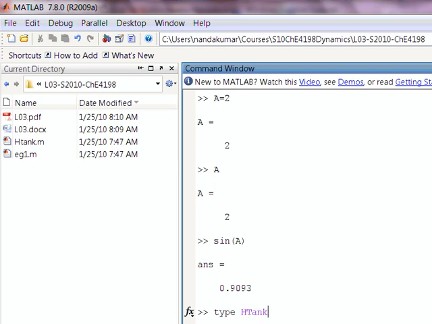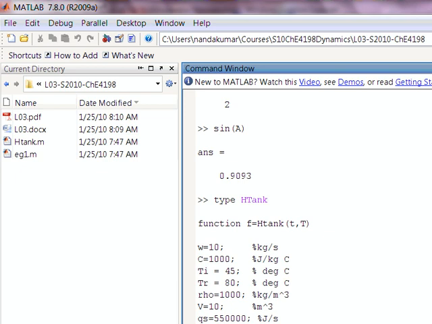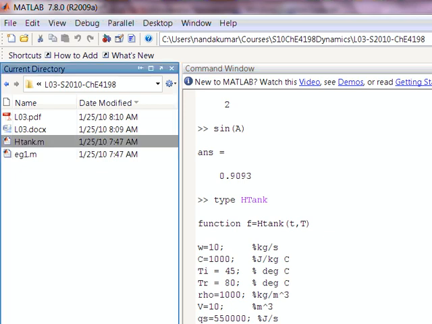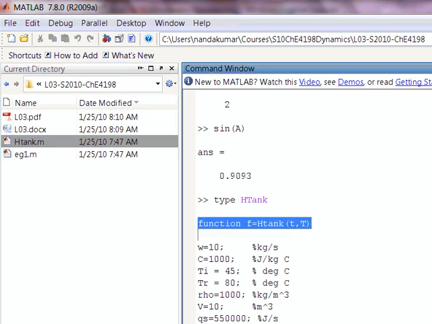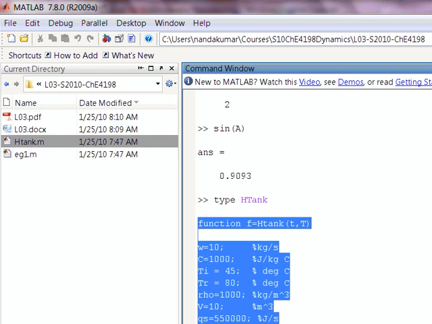htank. So htank was a function that I built for this particular problem. Here it is. It's called htank.m. So when I type that, it says what is in the particular file. These are all the statements in the file. We'll decode each one pretty soon.